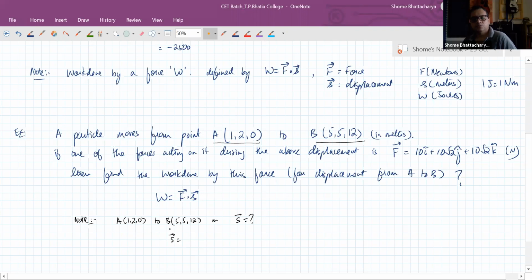So displacement is going to be the change in the x coordinate, which is 5 minus 1 i cap, plus the change in the y coordinate, that is 5 minus 2 j cap, plus the change in the z coordinate, which is 12 minus 0 k cap. So the displacement from A to B is going to be given by this vector.